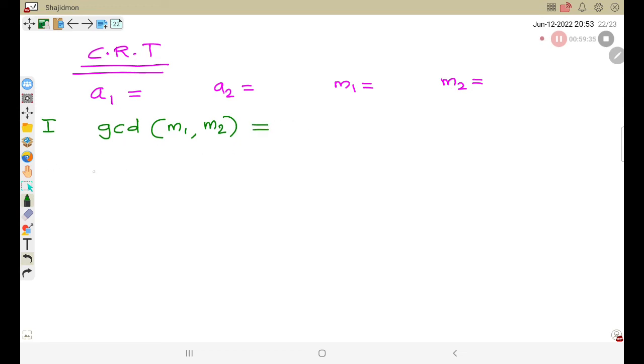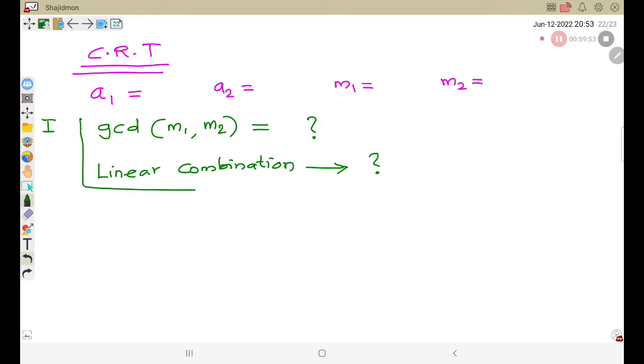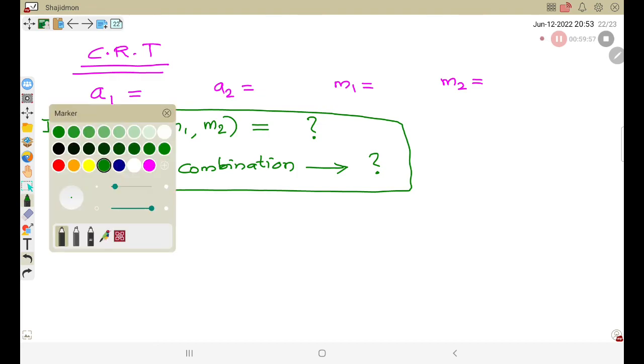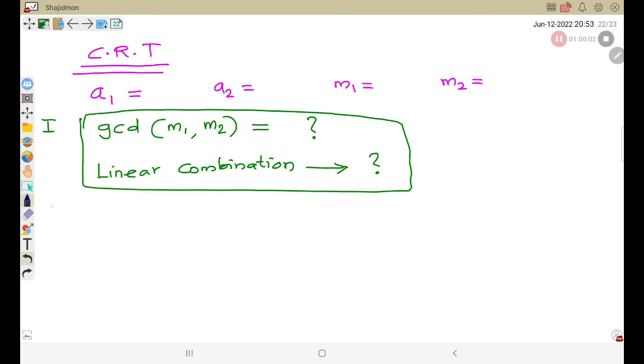After that, from here itself we write the linear combination. These two are the main steps: write the linear combination and check that the GCD should be 1. This is the first step we did, the linear combination and GCD. Now the next step, step number 2, we calculated the M number.